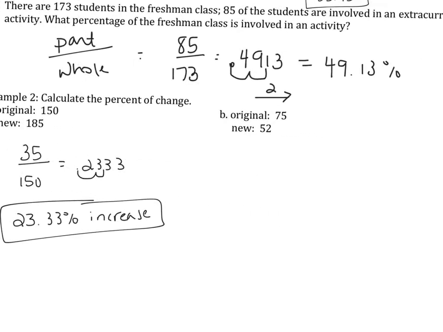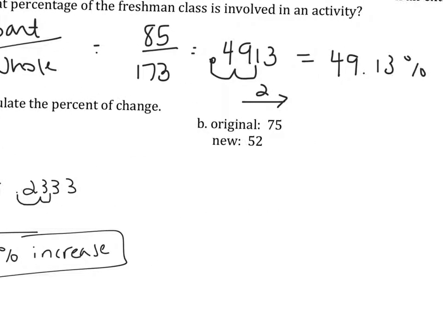Let's try that again. So on B, we're actually going down. We're starting bigger and getting smaller. So how much are we changing? How much is it changing from 75 to 52? So 75 minus 52 is 23, divided by our original, which is 75. We get this decimal.